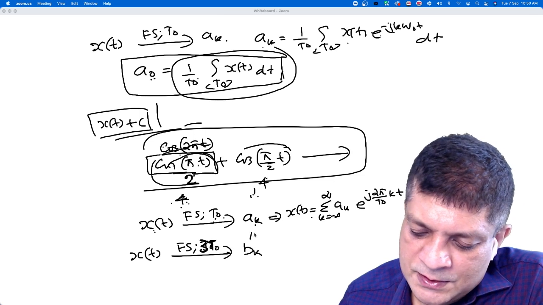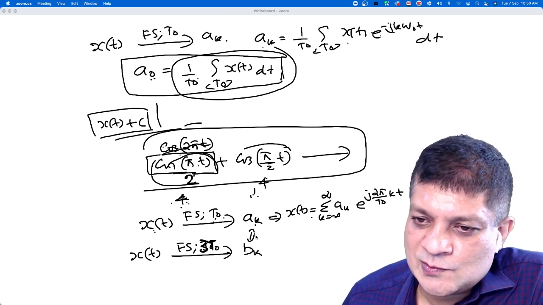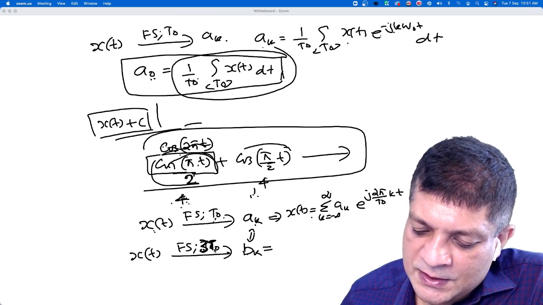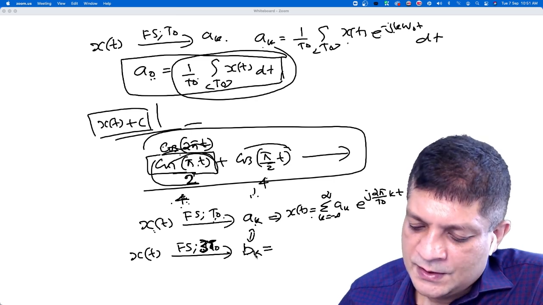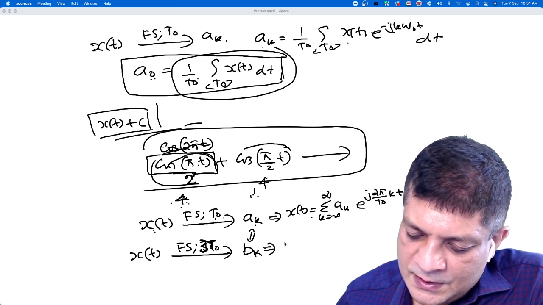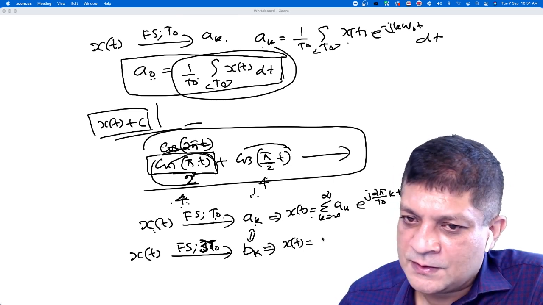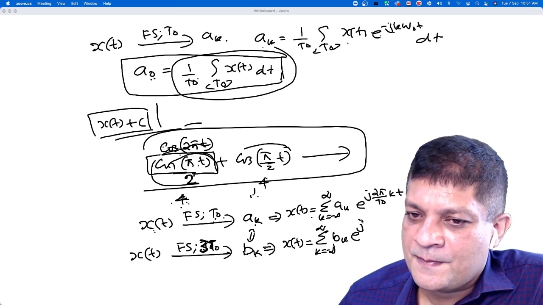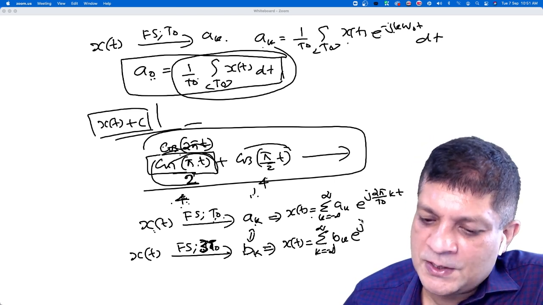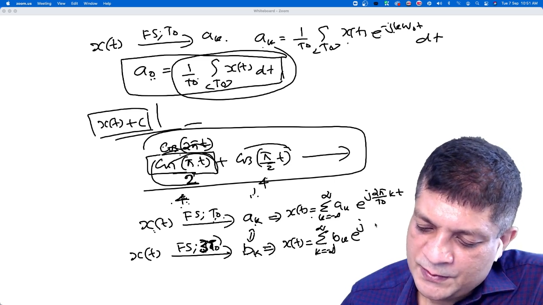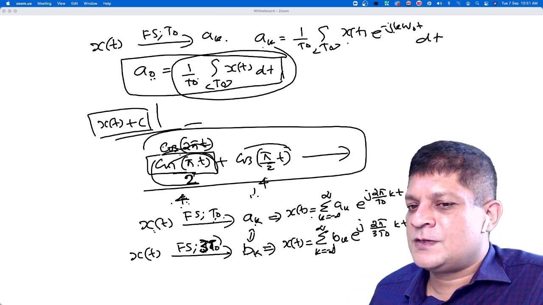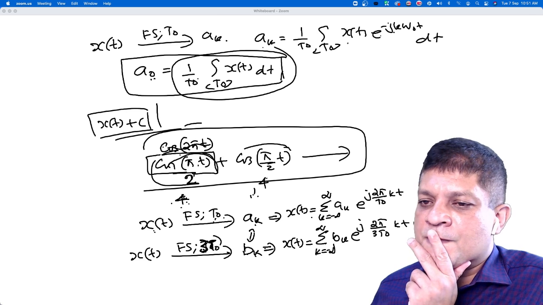Is there any relation between these two? If it is with respect to period 3 T naught, it is b_k. Does it imply that x(t) can be expressed as sum of b_k e to the power j, with respect to period 3 T naught, 2 pi by 3 T naught k t?